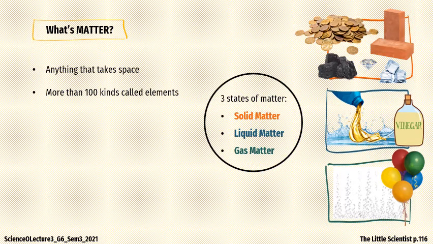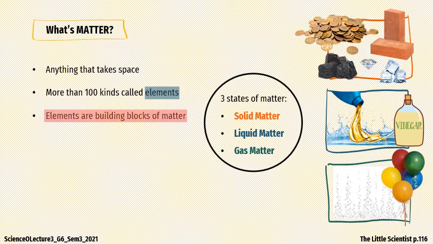There are more than 100 basic kinds of matter. These kinds of matter are called elements, and elements are simple substances that cannot be separated into simpler substances. They are the building blocks of matter.